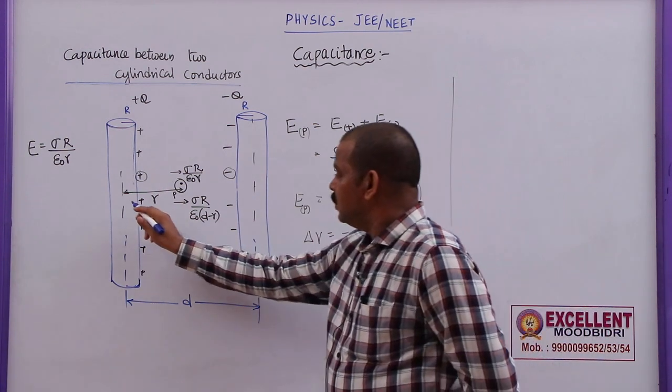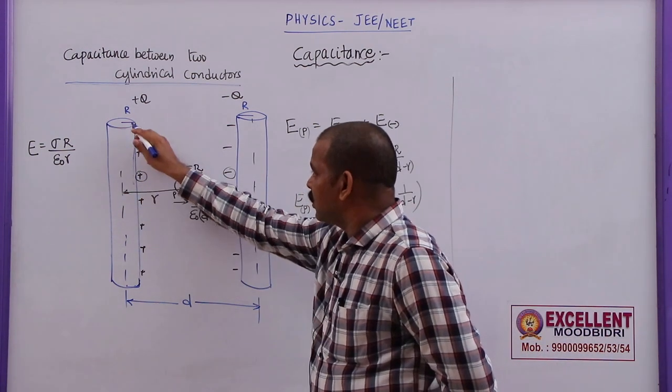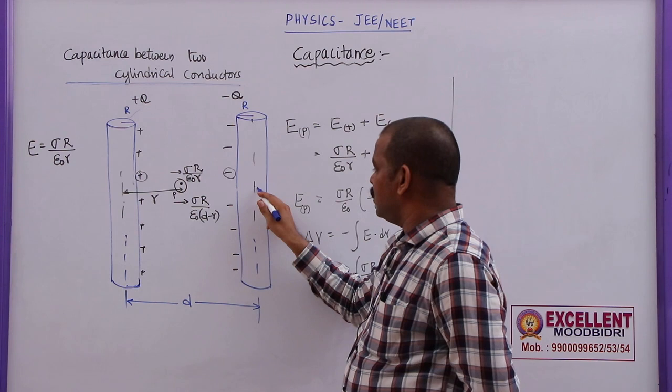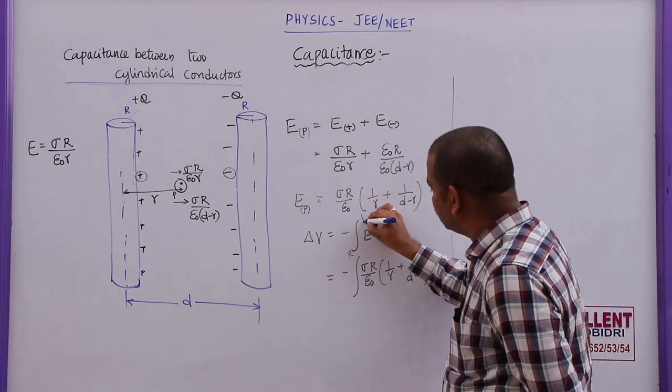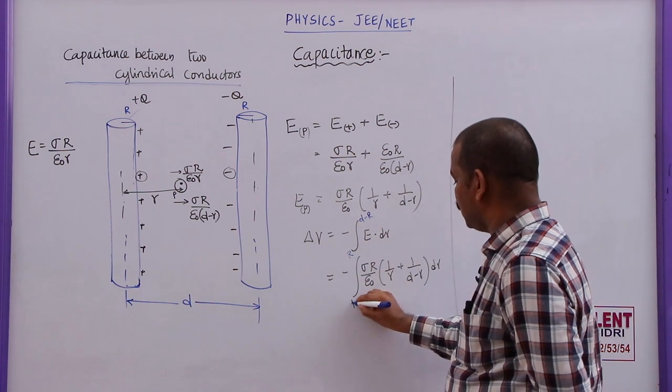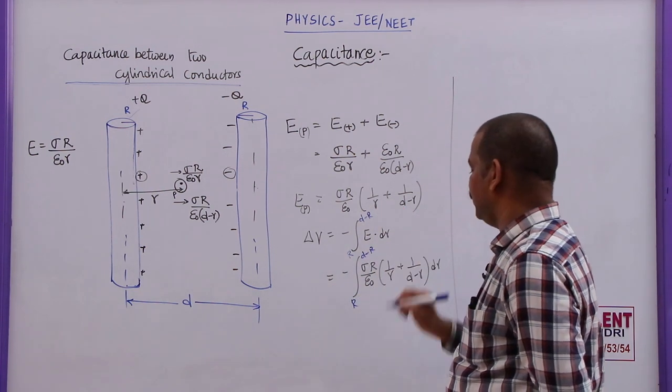The minimum value is R, the maximum value is d minus R. So, R and d minus R are the limits.